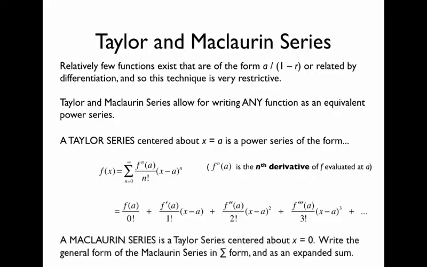Okay, so then a Maclaurin series is just a Taylor series, especially when your center, your a value, is 0. So now for your notes, you're going to write Maclaurin series, and write out the sum form and the expanded sum. It's the same thing as a Taylor series, but specifically when you're centered about 0.